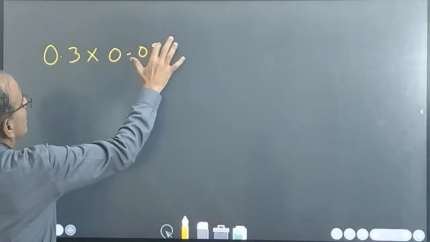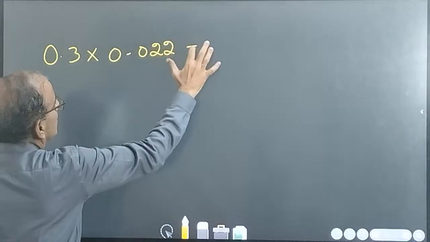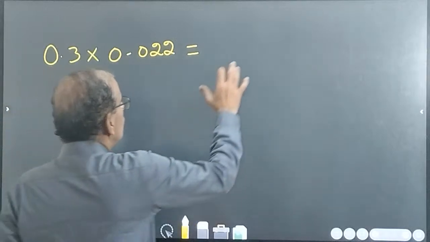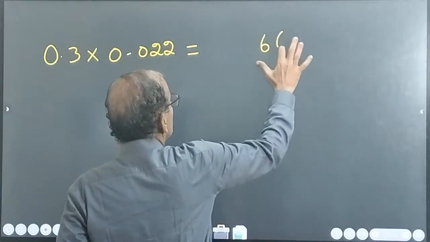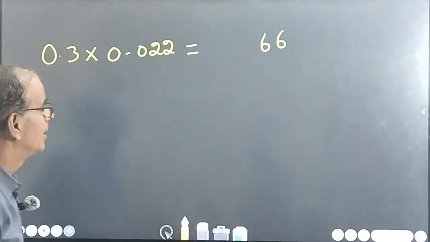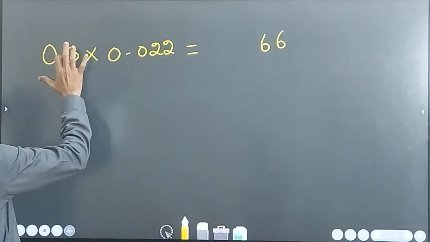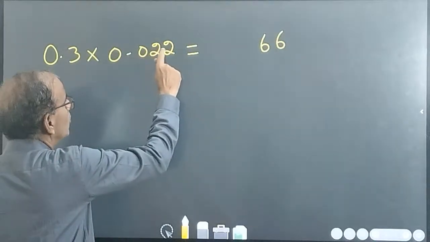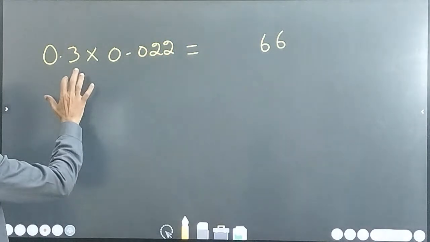into 0.022. Without error, how can we find it? 3 into 22, how much is it? 66. You write 66. After the dot, on the right side, how many digits are there? 1 digit. Here, 1, 2, 3. Here, how many digits? 3.